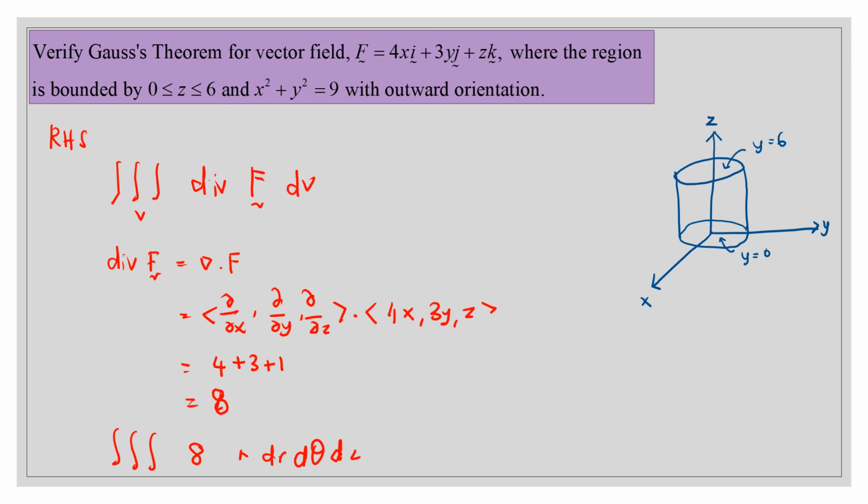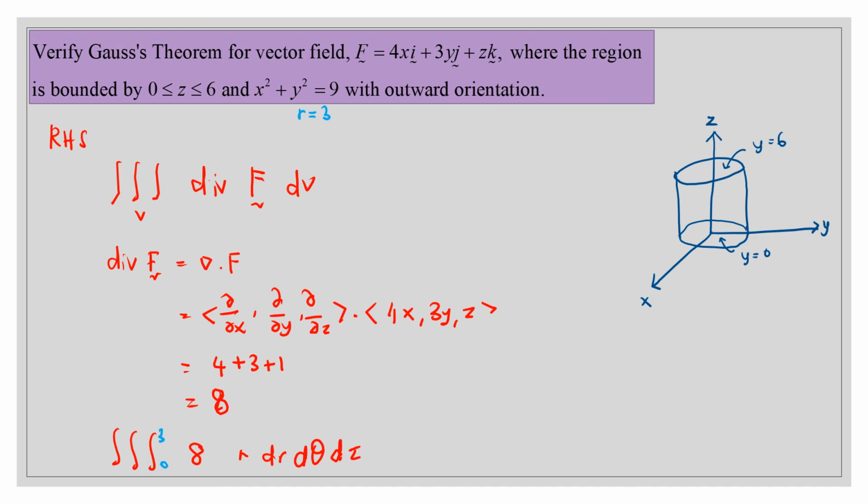Okay, now we want to find the limits of integration. First you need to integrate with respect to r. Here r is equal to 3, so integrate from 0 to 3.